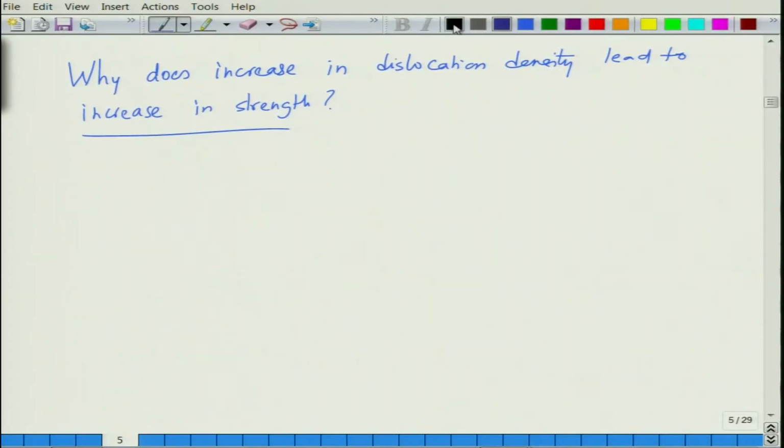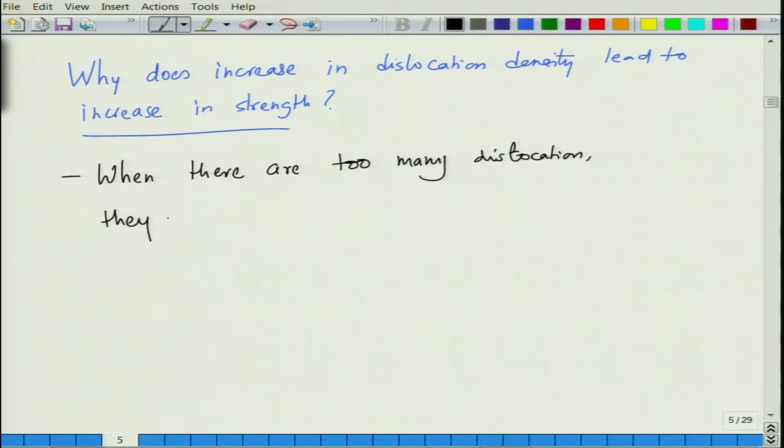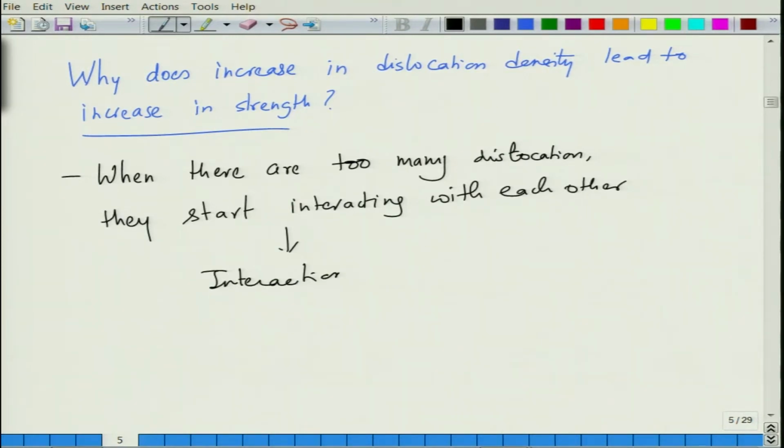Basically, when there are too many dislocations, they start interacting with each other, and this interaction causes an increase in stress.